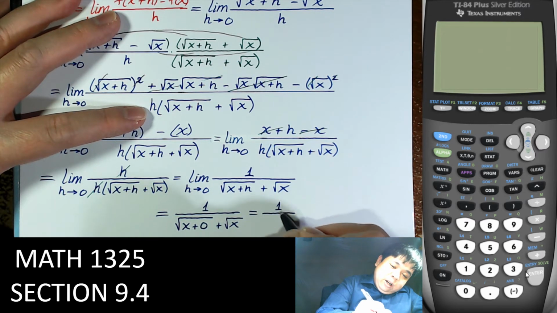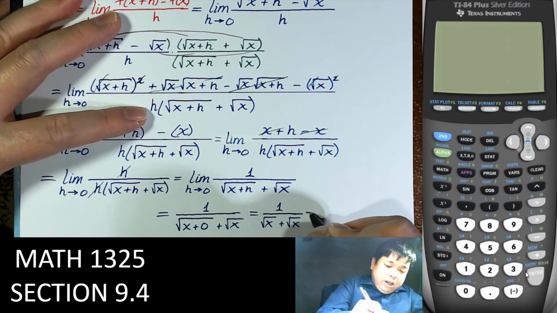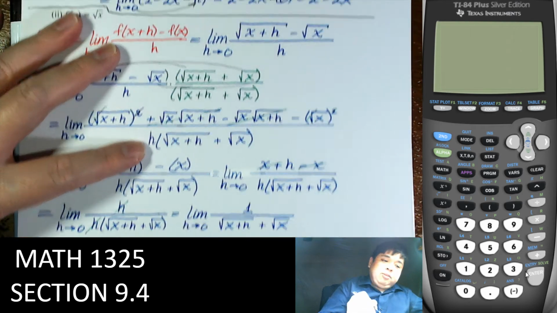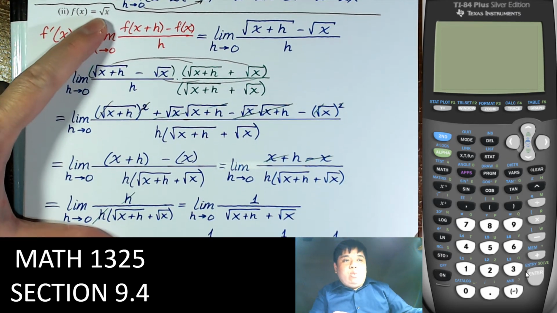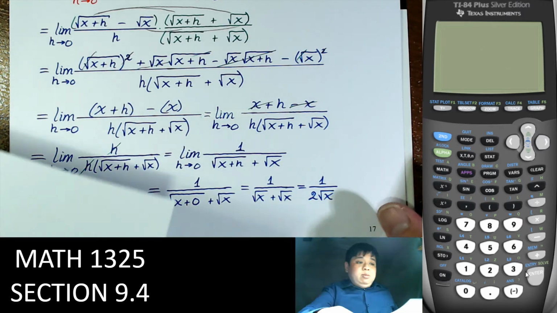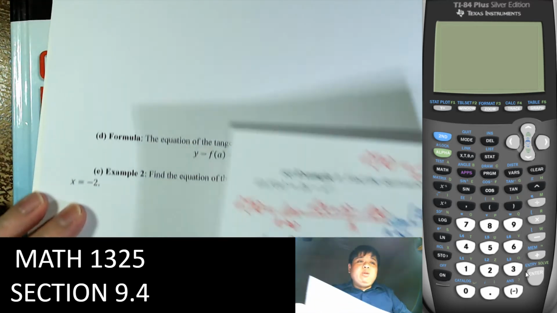So we just have 1 over the square root of x plus the square root of x, and that gives us 2 square root of x. Right. So the derivative of the function square root of x is 1 over 2 square root of x. Once again, in the next section there is a formula to find the derivative directly without using the definition. But for now, that's what we do.